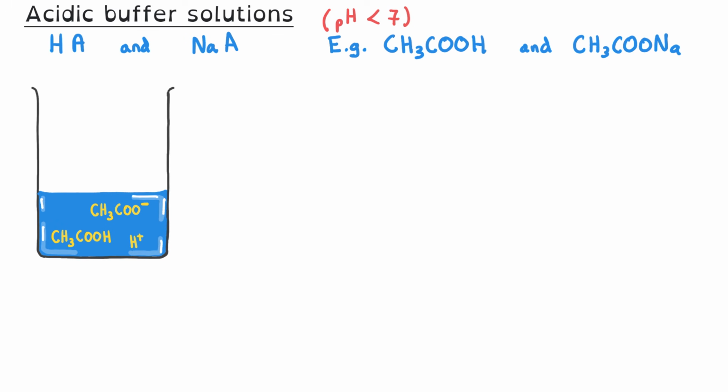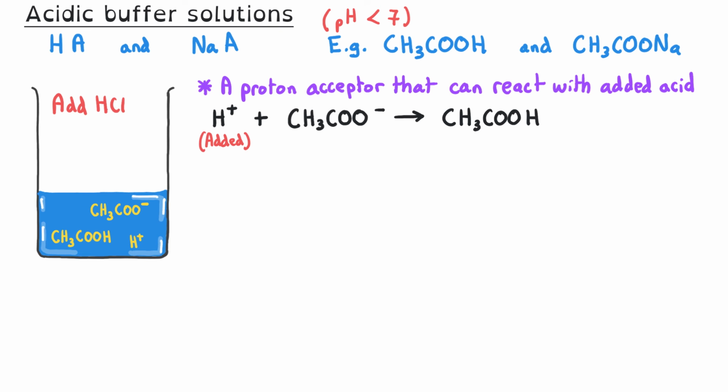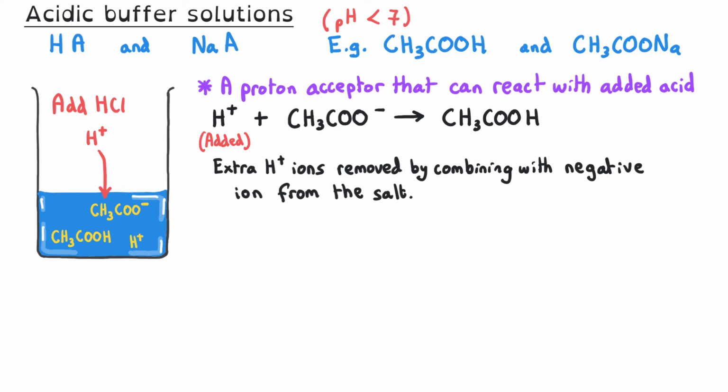And so this buffer solution will contain a proton acceptor that can react with the added acid. And so if we added hydrochloric acid, for instance, those hydrogen ions from the hydrochloric acid will be removed from the buffer solution by combining with the negative ion from the salt, the ethanoate ion here. And we would produce ethanoic acid as a result of this reaction.